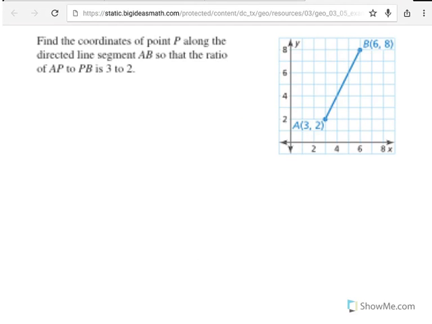Okay, let's try another example. It says find the coordinates of P along the directed line segment AB so that the ratio of AP to AB is 3 to 2. In order to divide the segment into a ratio of 3 to 2, think of dividing or partitioning the segment into 3 plus 2, or 5 congruent pieces.